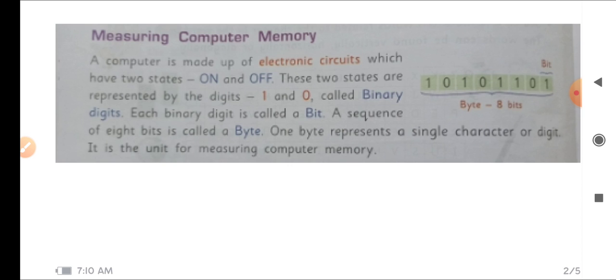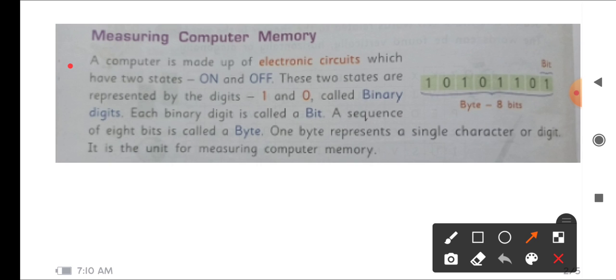How can we say that a computer has this much memory, or what is the amount of memory the computer can store? Here we will learn about it. A computer is made up of electronic circuits which have two states, on and off.